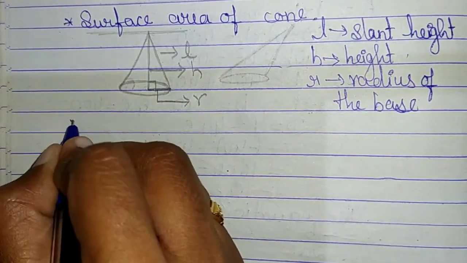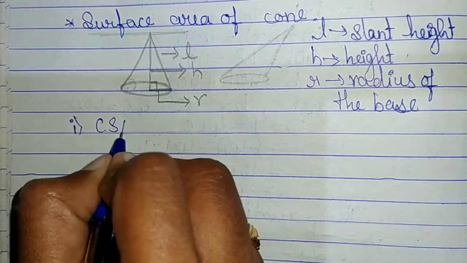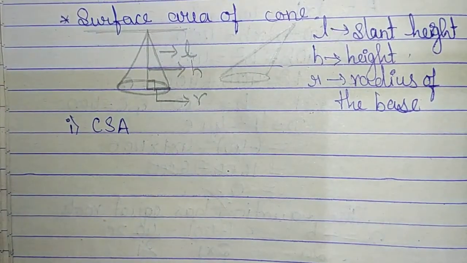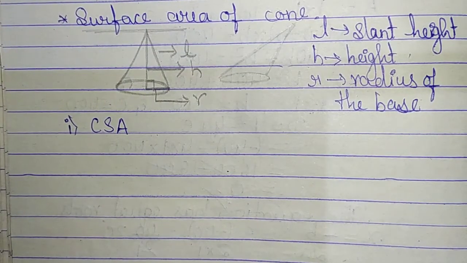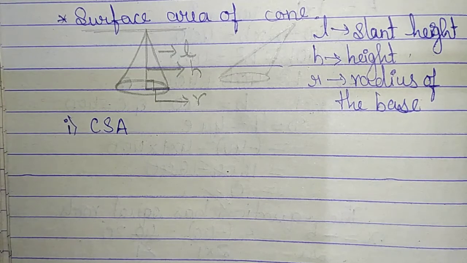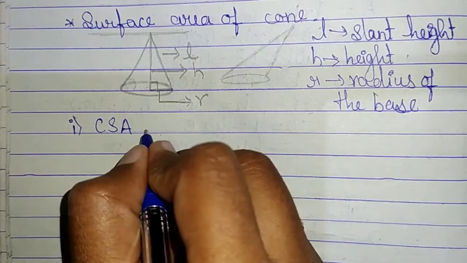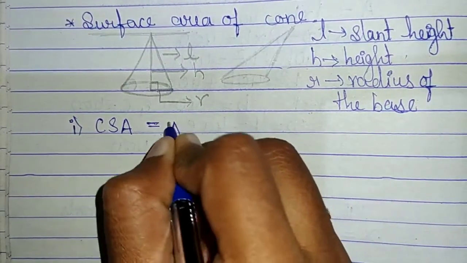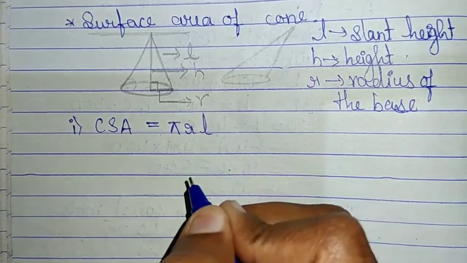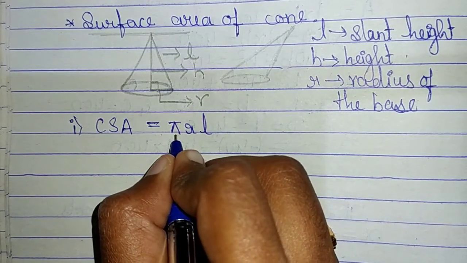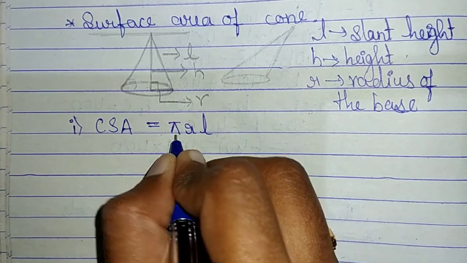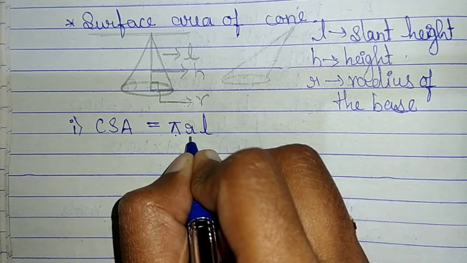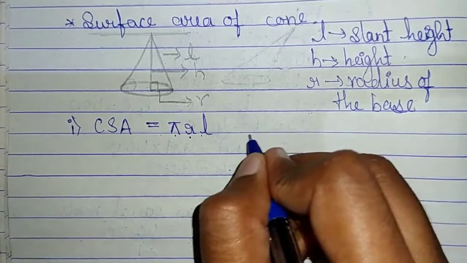First one is CSA, which is also called curved surface area, or also in some cases they refer to it as lateral surface area. And this curved surface area or lateral surface area of the cone is given by the formula CSA is equal to pi r l, where pi is a constant whose value is 22/7, r is the radius of the base of the cone, and l is its slant height.